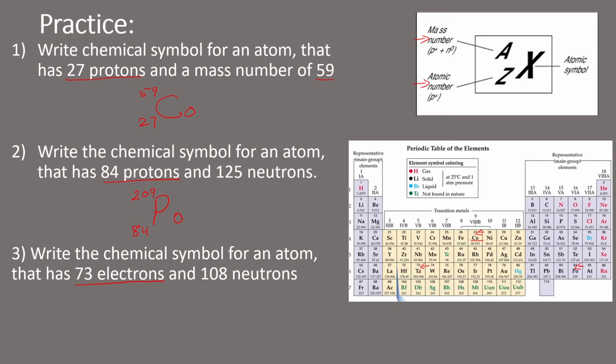So 73 is the atomic number as well. So let's write down this symbol, and then the atomic number is the subscript. And for the mass number, you are going to add the number of neutrons and the number of protons, which is equal to the number of electrons in this case, and you will have 181 as the mass number.